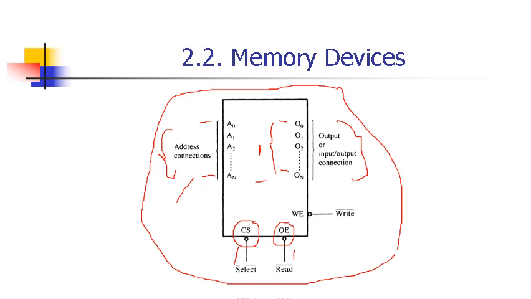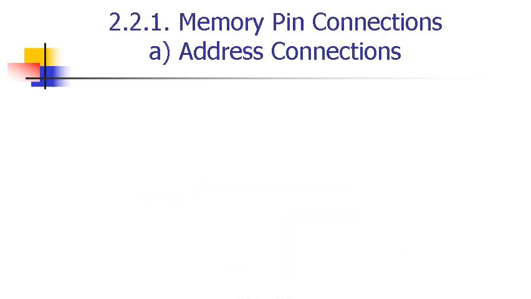You have to enable your output. And if you are writing, you have to supply a low signal to the write pin, indicating that you are providing data to this memory device, or you are writing data to this memory device. All right.